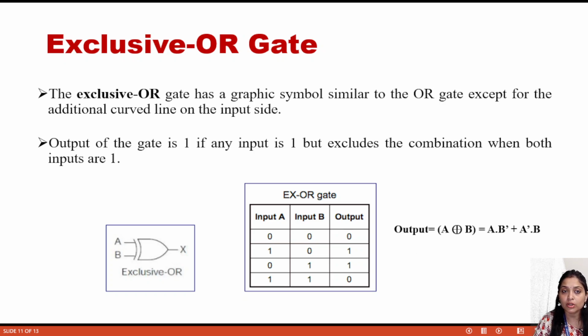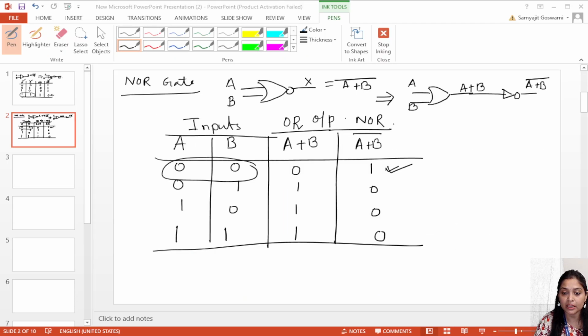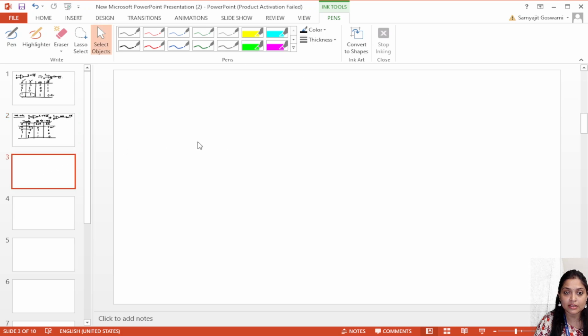Okay, so this exclusive OR we can represent in such a way: A B bar plus A bar B. Now I am quickly opening another slide, this is based on the XOR gate.